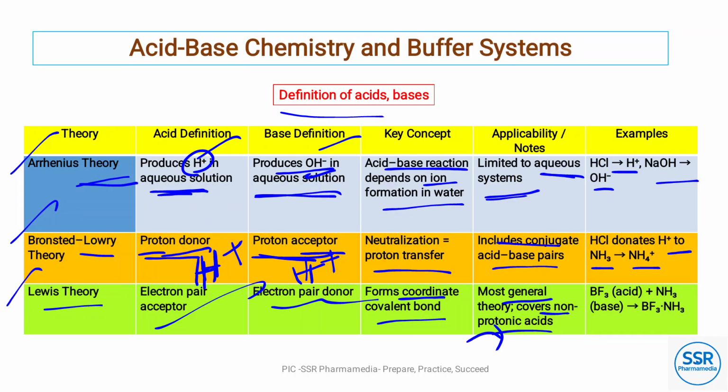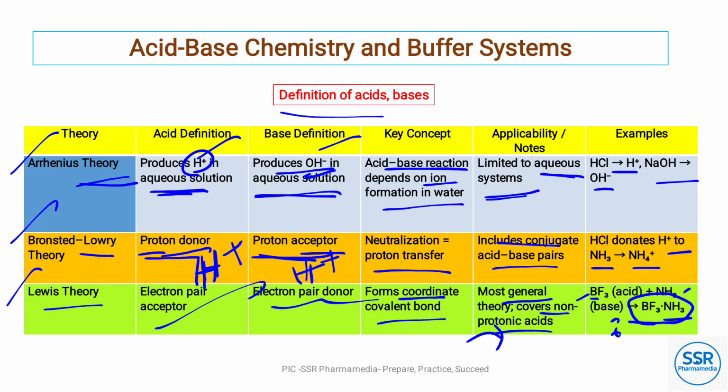For example, BF3 is a type of acid, and ammonia is a base. Ammonia donates the electron pair, and BF3, the acid, accepts the electron pair and thereby forms a complex.